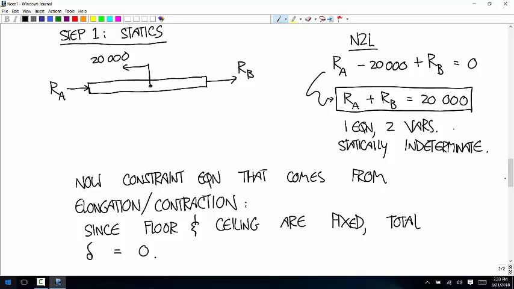Then we're going to calculate the total elongation in terms of those internal loads using the equations we did before. Then we're going to set that total elongation to 0, and that'll give us a new expression in terms of these variables RA and RB. We won't introduce any new variables, just a new equation, and then we can solve it as a system.